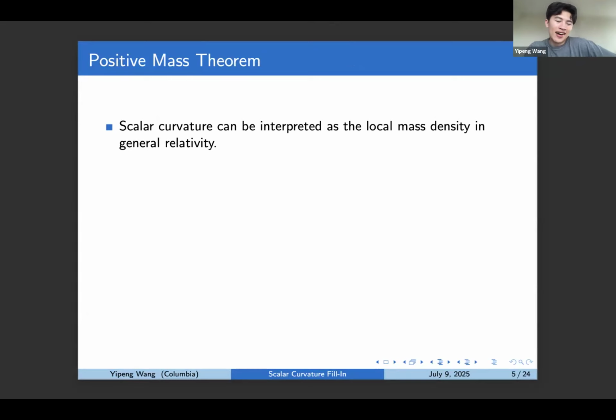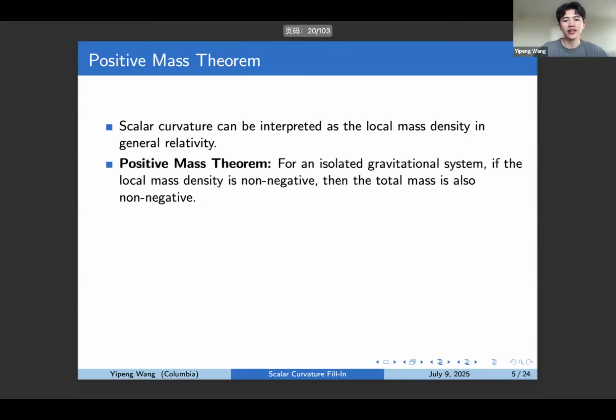So we know that in relativity, the scalar curvature can be interpreted as a notion of local mass density. And the famous positive mass theorem just says that if you have an isolated gravitational system, and the local mass density is non-negative, then the total mass should also be non-negative. It intuitively makes sense.